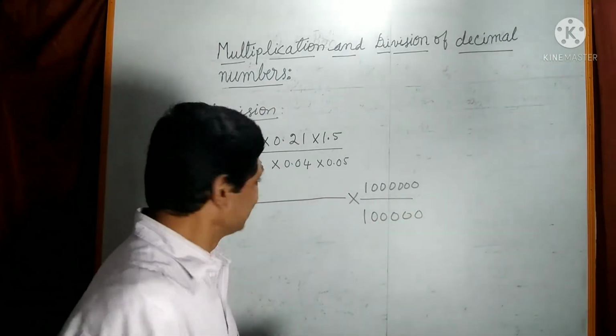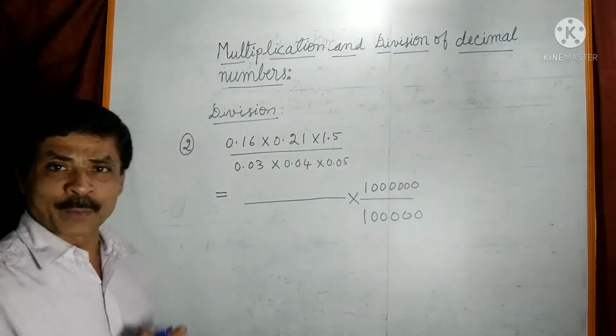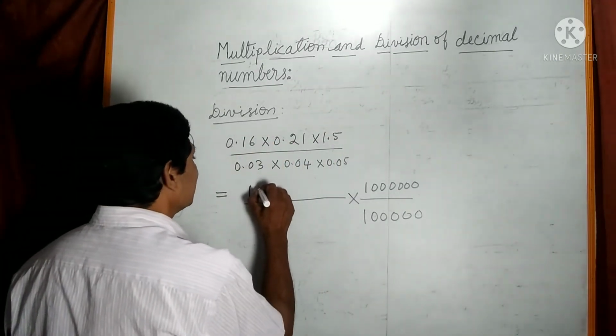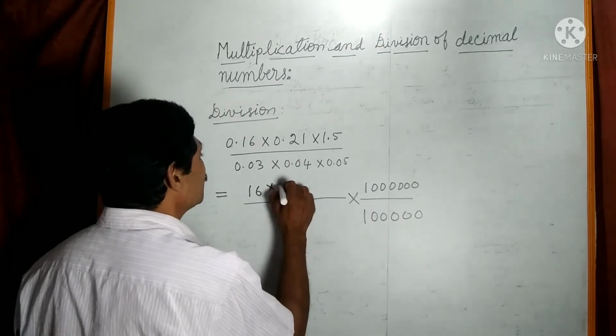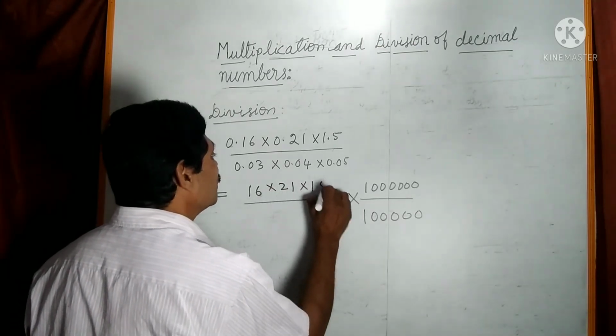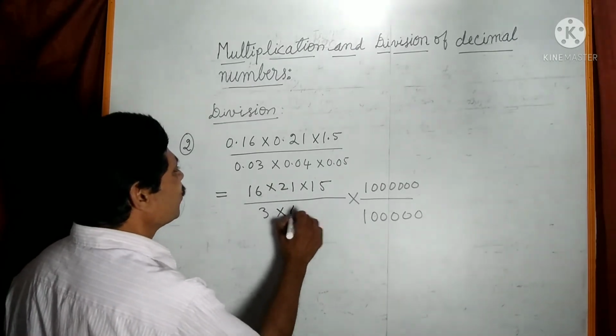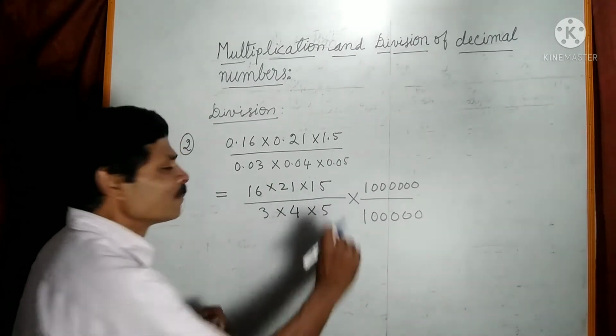Okay. Now we will remove all the decimal points and write as it is. This is equal to 16 into 21 into 15. Here in the denominator 3 into 4 into 5.